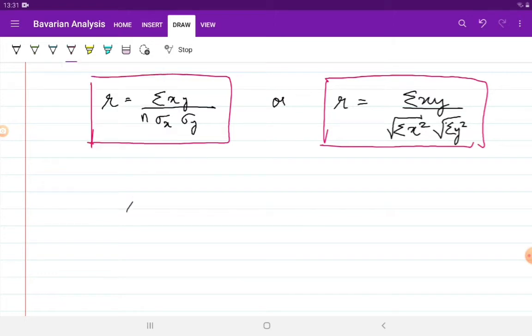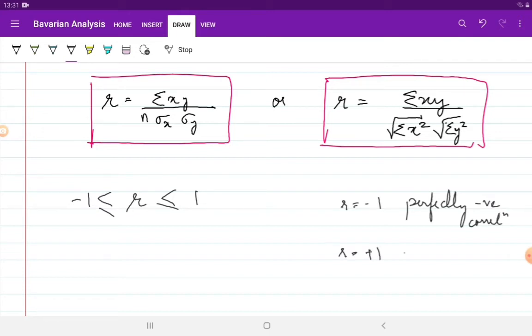So your value of r will range from -1 to +1, where r equals -1 means perfectly negative correlation, r equals +1 means perfect positive correlation, and r equals 0 means no correlation whatsoever.